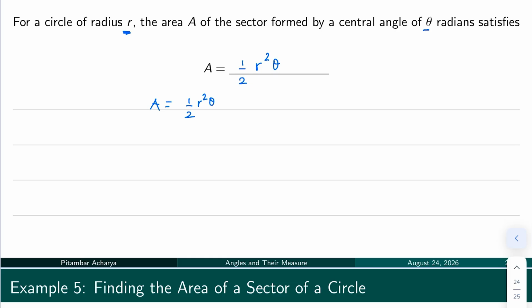Sometimes A and r are given, so we can write theta equals 2A over r squared. Sometimes theta and A are given, so we can find r as the square root of 2 times A over theta.